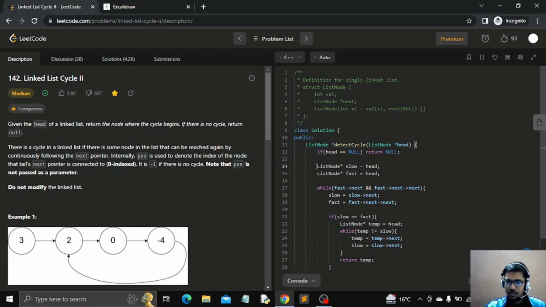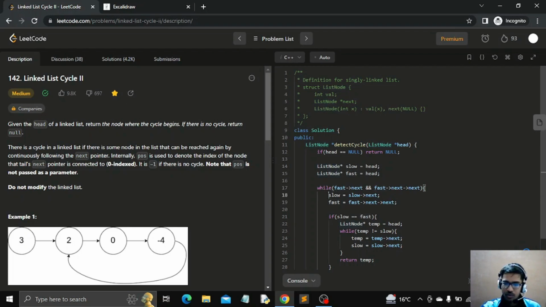Otherwise I have initialized two pointers, slow and fast, both pointing at the head of the linked list, and we are going to start iterating through our linked list, and our terminating condition would be when our fast pointer reaches null. Whenever our fast pointer reaches the end of the linked list, it means that the given linked list is linear, and hence we are going to return null.